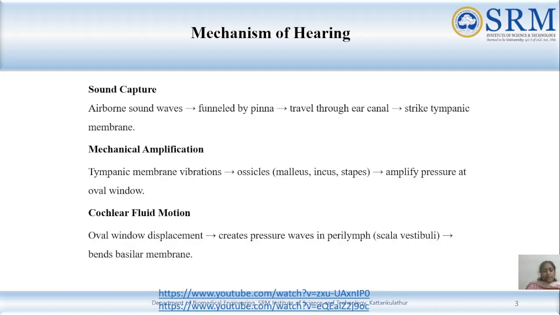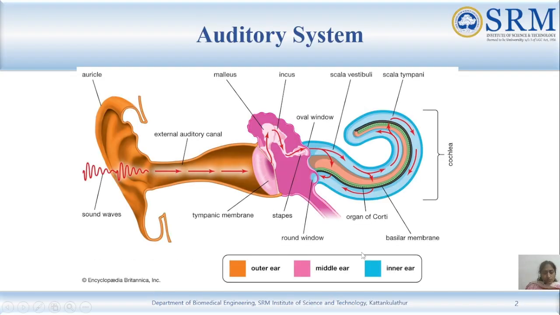So the tympanic membrane vibrations can thereby vibrate the ossicles, which are the small tiny bones, namely the malleus, incus and stapes. So this will amplify the pressure at the oval window. So from the outer ear through the canal, tympanic membrane, and then it goes through the middle ear bones and the sound finally reaches the oval window.